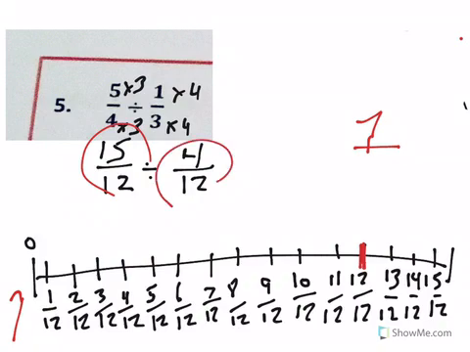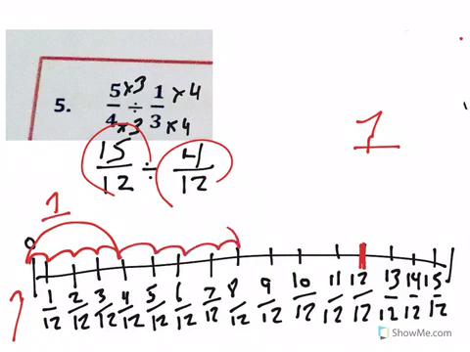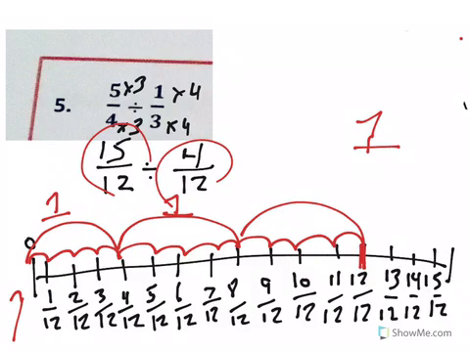But I'm going to divide it into 4/12. So I'm going to start with 0, and I'm going to say 1, 2, 3, 4. So that's 1 set of 4/12. 1, 2, 3, 4. That's one set of 4/12. 1, 2, 3, 4.